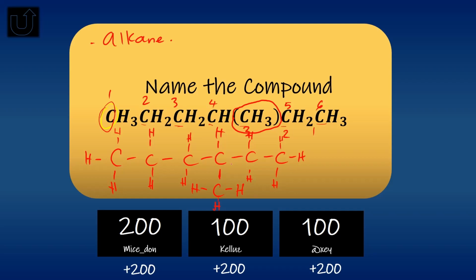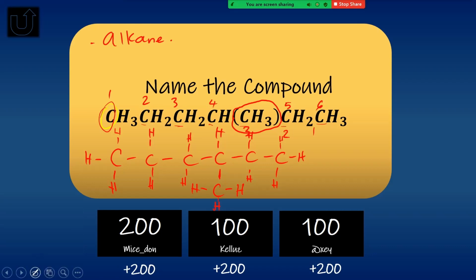You have to tell the location of the branch first of all. So the branch is either on the 4th or the 3rd, right? And remember, I told you that you use the smaller number, right? So in this case it would be the third one.